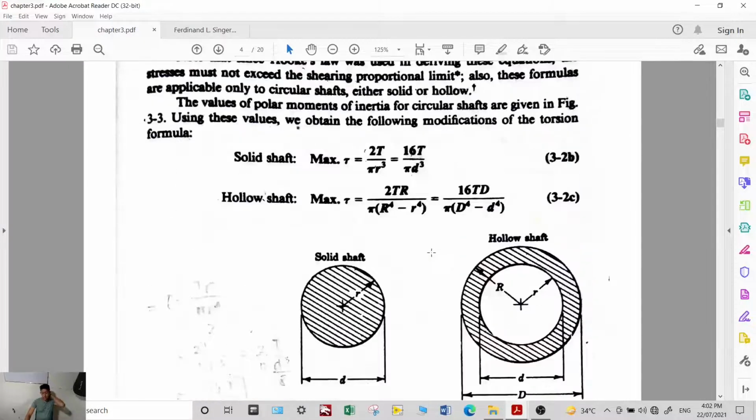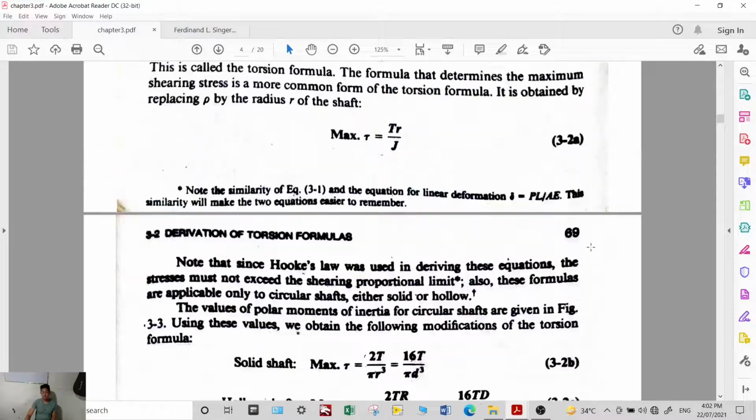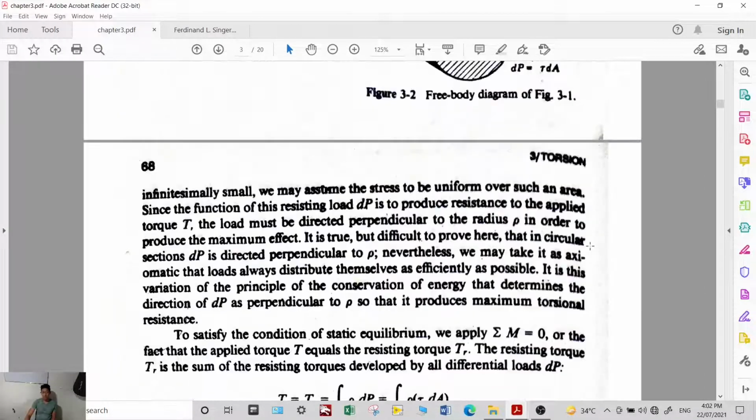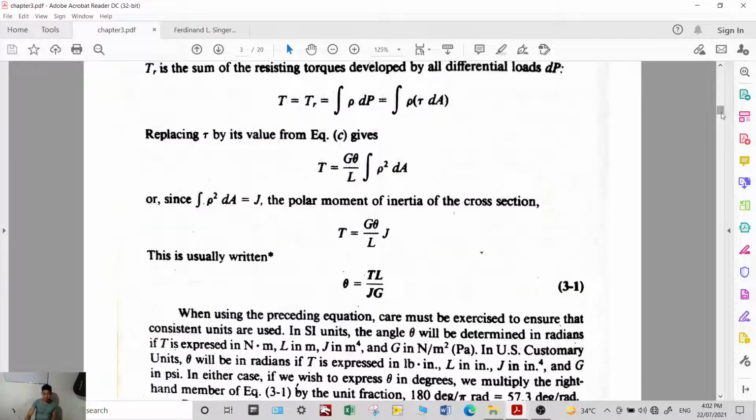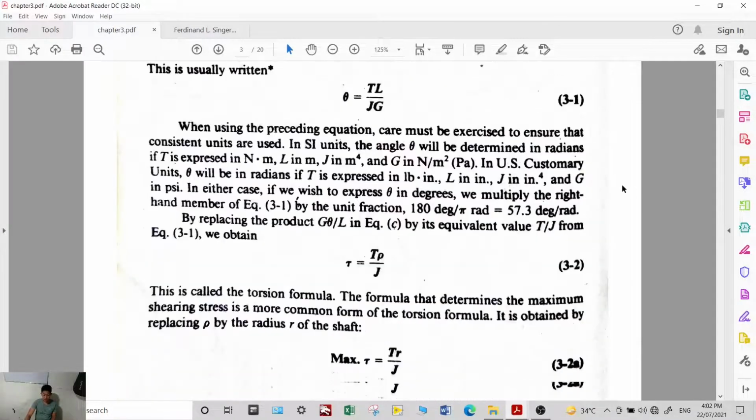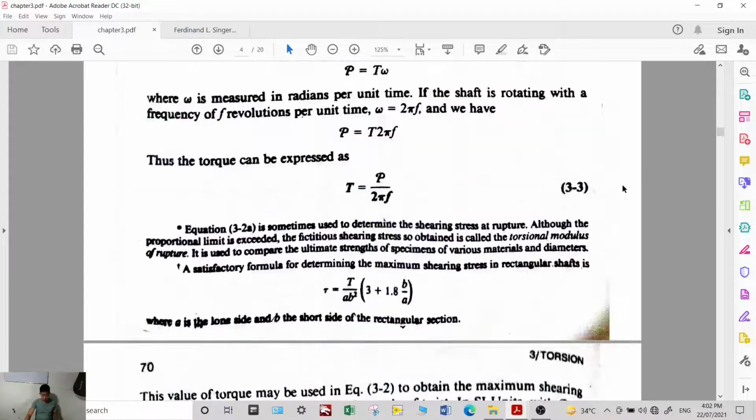Again, what we derived here is for a circular shaft only. Okay? Other cross sections are more difficult.